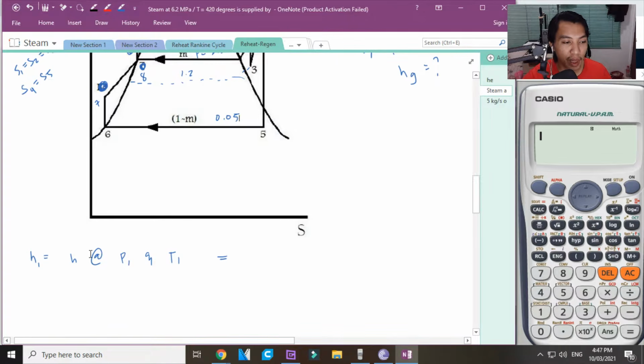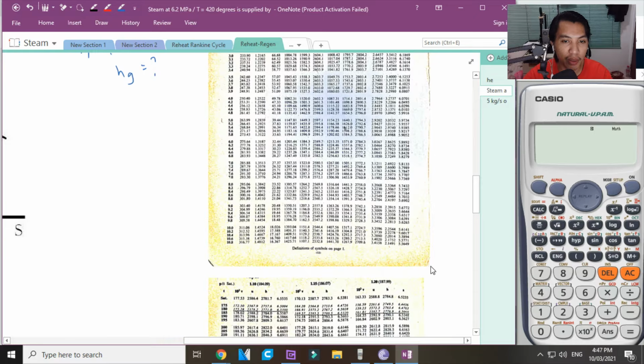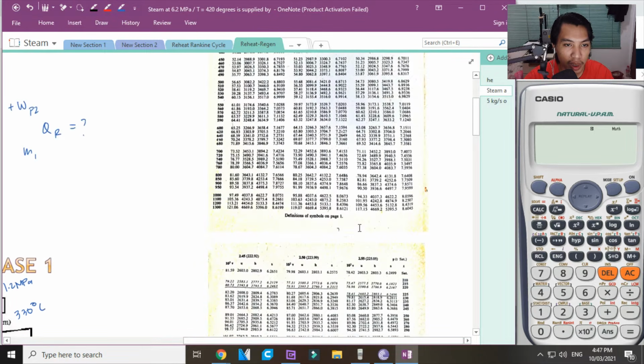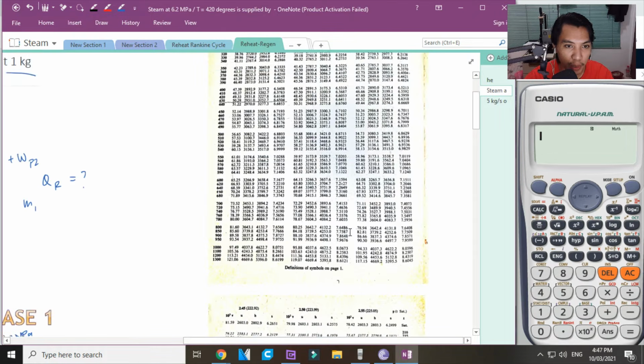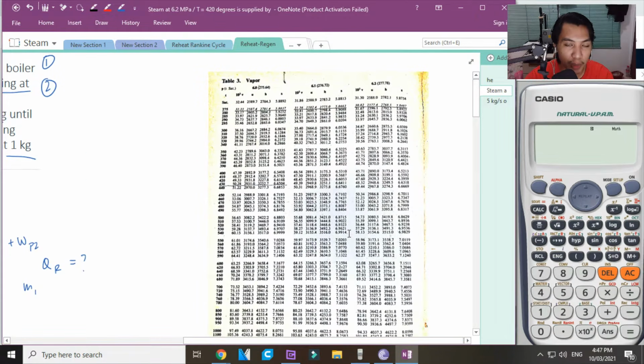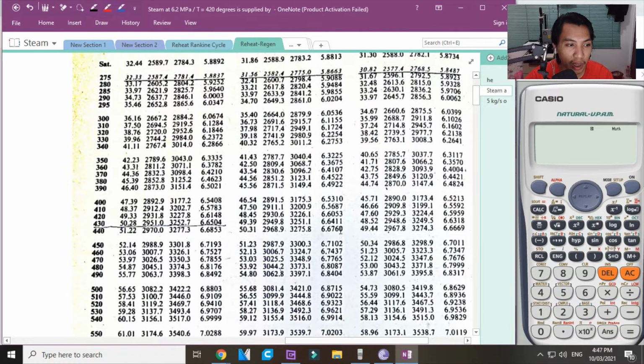So, H at P1 and T1. Dito, meron tayong values for P1 and T1. 6.2 MPa. Lakyan natin at 420. Ayun, nakuha ko na kagad. So, 420, i-trace natin siya. This is 420: 3224.4 and 6.5959.